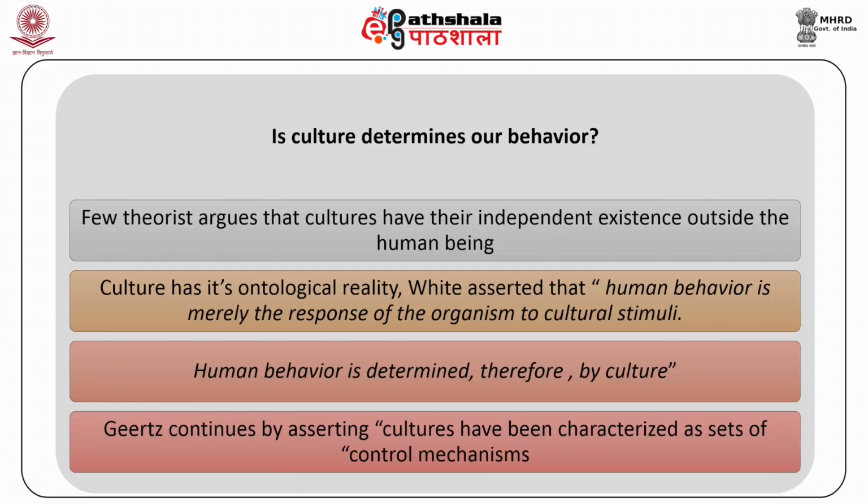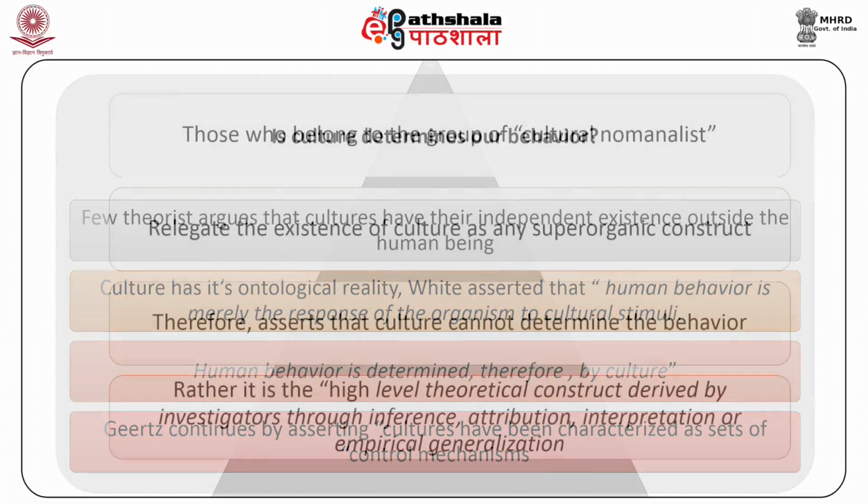Human behavior is determined, therefore, by culture. Geertz, 1971, continues by asserting cultures have been characterized as sets of control mechanisms, plans, recipes, rules, instructions, what computer engineers call programs for the governing of behavior.